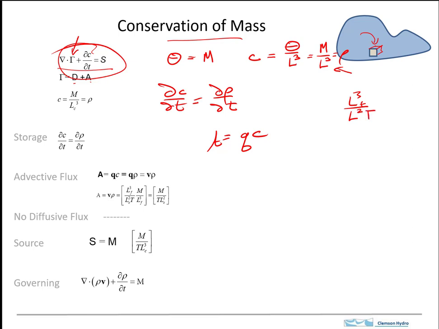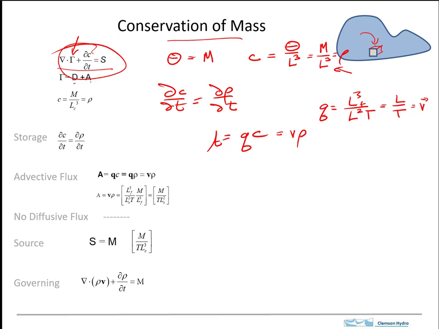That'll be the units of Q. And for a fluid that's just a continuous fluid, the volume of the fluid and the total volume are the same. So this ends up having just units of length per time. And we can just also use that as equivalent to the average velocity. And so the advective term we also can write like this, where we substitute in the density for C.